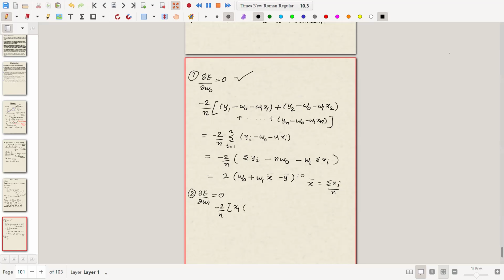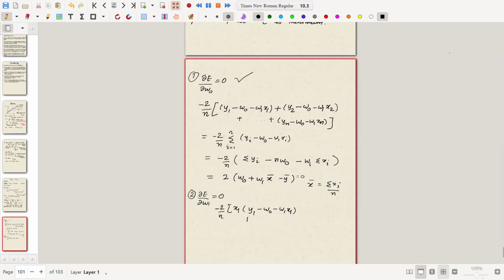Now you will get x1, as I told you, and again the same old stuff you got for w naught. So it will be y1 minus w naught minus w1 x1, plus x2 times y2 minus w naught minus w1 x2, plus so on, xn times yn minus w naught minus w1 xn.